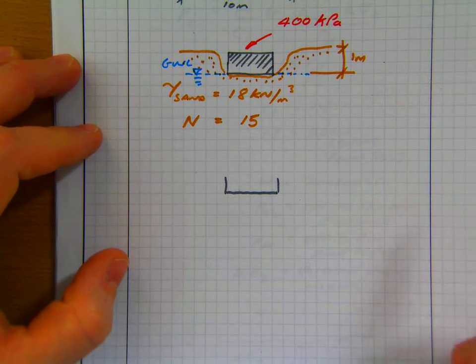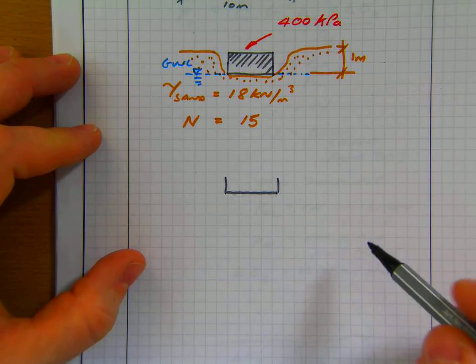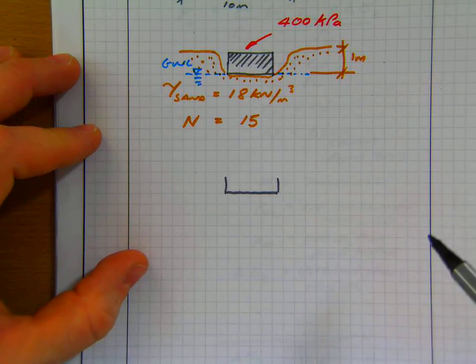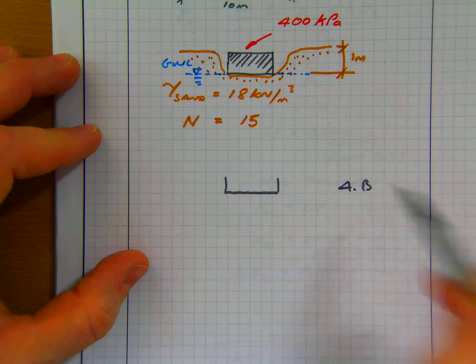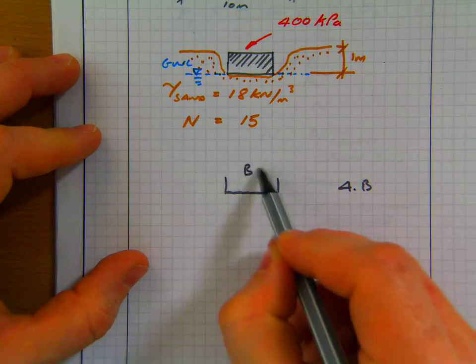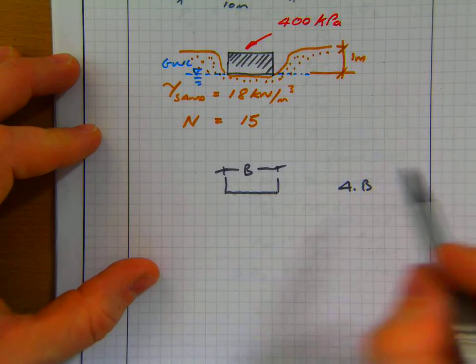So the method talks about ideally we split a deep deposit up into layers, and we consider a depth of 4b, where b is the width of this foundation. So in our case, b is 2 meters.